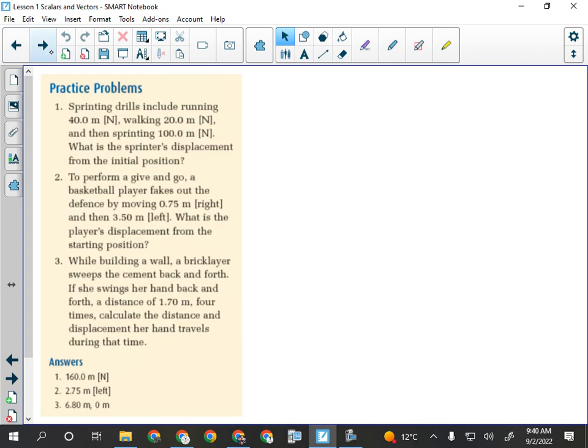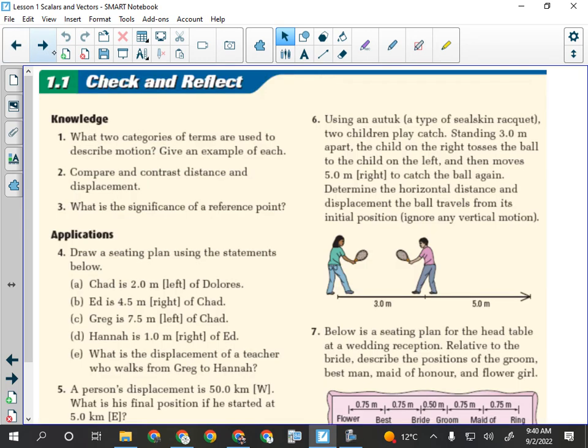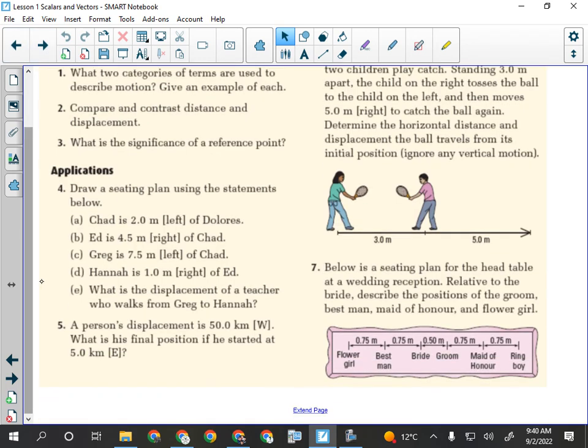All right, so with that in mind, what I would like you to do is try and draw the seating plan in question number 4. And think about who is the reference point.